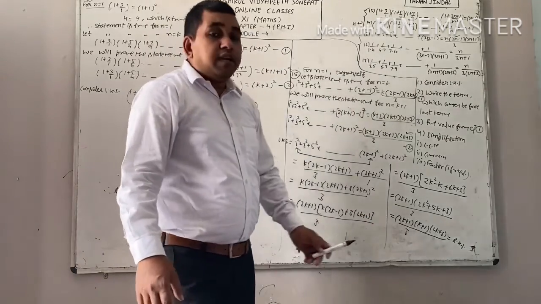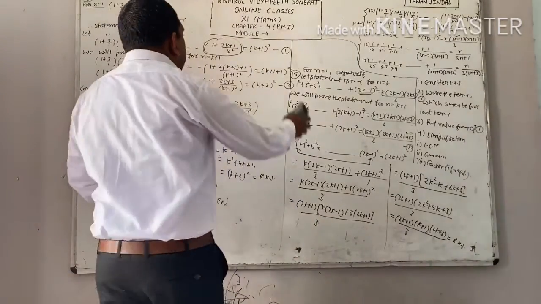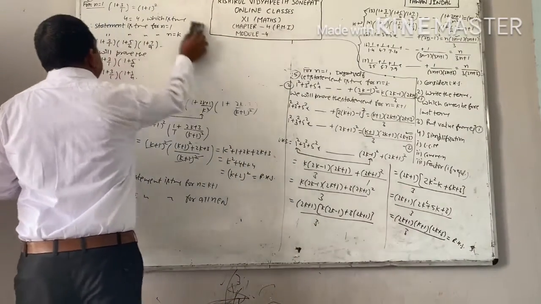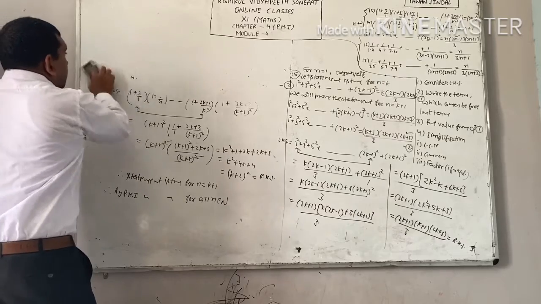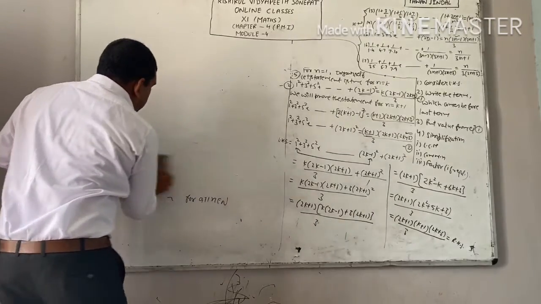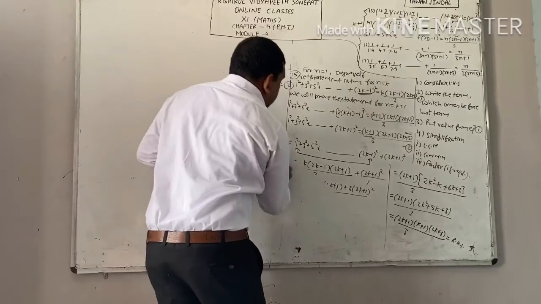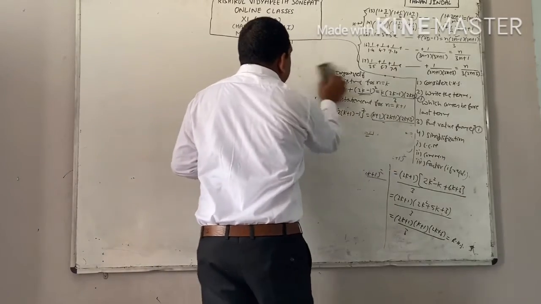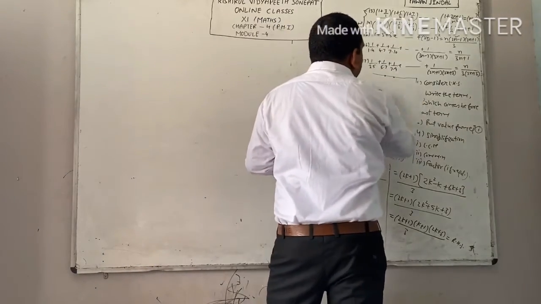Now see the remaining two questions, question number 16 and 17. In question number 16 also, the first step you can do yourself. For n equal to 1, we are starting from step number 2.